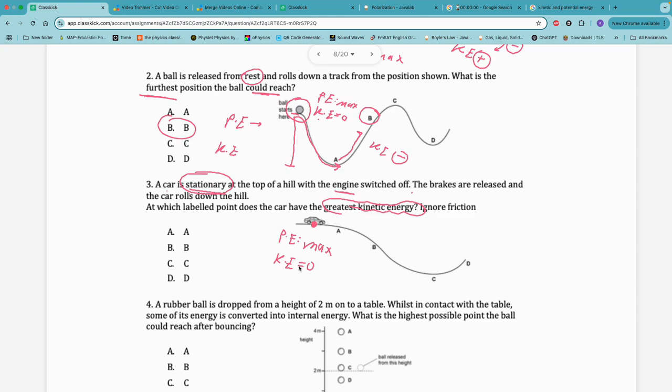While moving, kinetic energy will start to increase, and both energies will change due to the speed and the height. So, at which point here will kinetic energy be the greatest? While moving down, of course, kinetic energy increases, which means that at point C, kinetic energy is going to be the greatest.